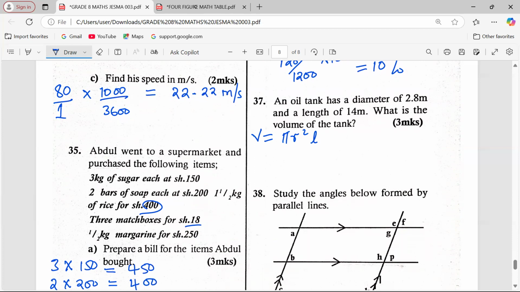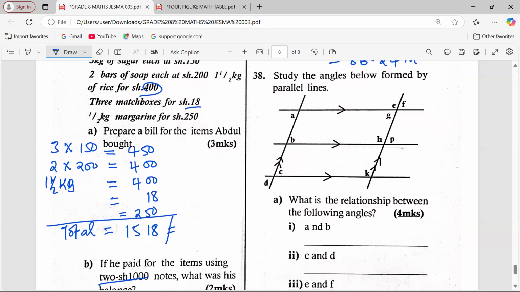Pi r squared times length. r is a radius. So we make it pi times 1.4 squared times a length of 14. This will give us 86.24 square meters.